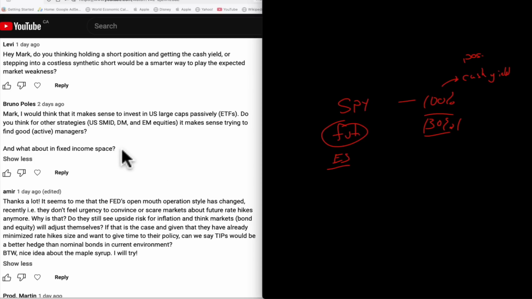And what about fixed income space? Well, it also depends on what they're doing. If it's treasury portfolios, I don't know that it's worth active management there. Probably passive.